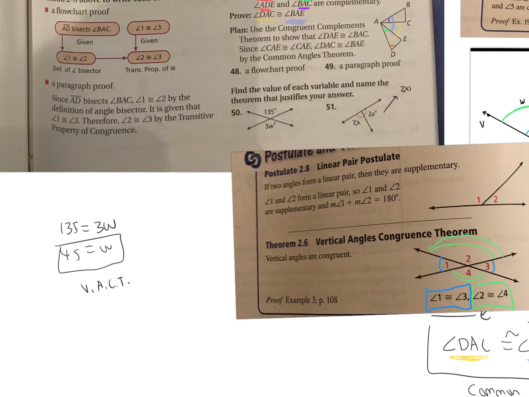So we can say 2x plus 2x equals 180. 2x plus 2x is 4x equals 180. And dividing 180 by 4 would give us 45. So it turns out that's 45 as well. Okay. So long story short, you are going to need to know vertical angles congruence theorem and the linear pair postulate.